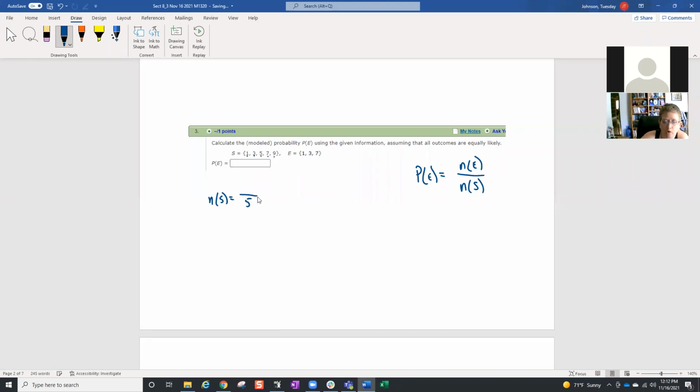I do not care what those 5 items are. They could be 5 cars, they could be 5 people, they could be 5 stooges. It doesn't matter. I only care about how many. And along with that, my event E, I see there are 3 of those.